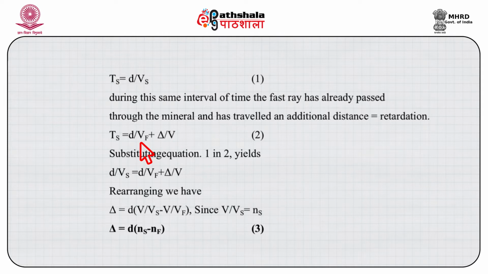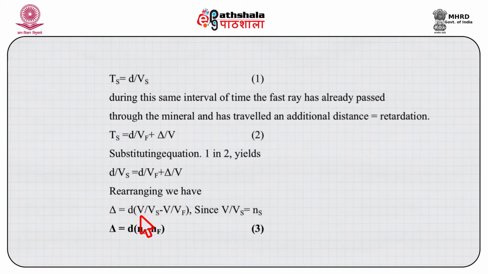When we substitute this, we find that delta is nothing but the thickness of the mineral multiplied by the velocity of the ray of light divided by the velocity of the slow ray, minus the velocity of the light divided by the velocity of the fast ray.